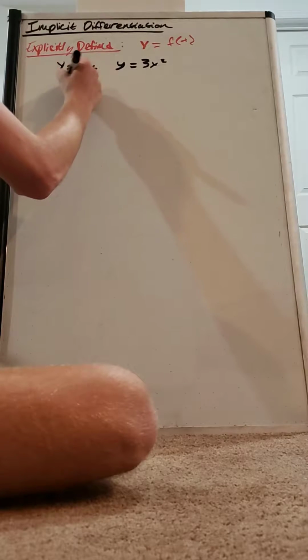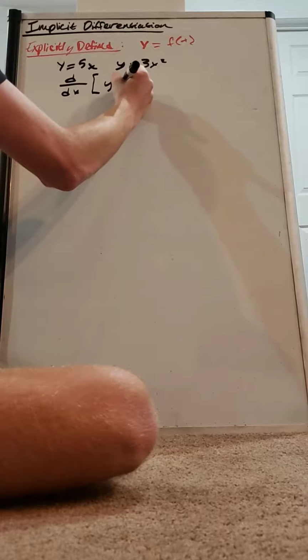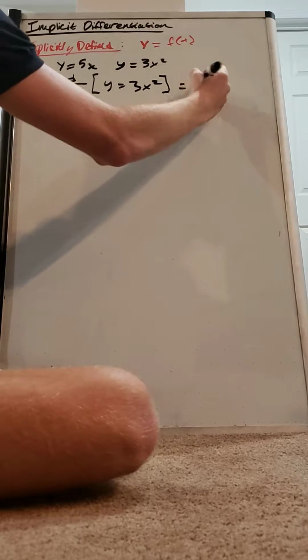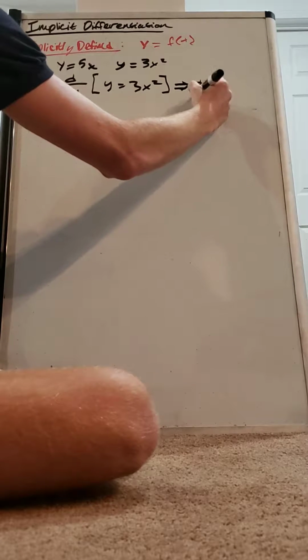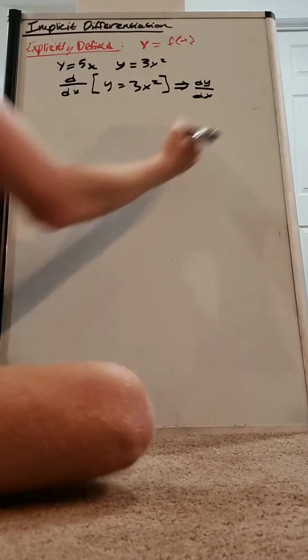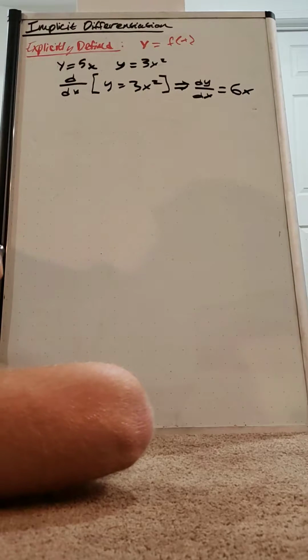Like if we took the derivative of y equals 3x squared, we know that dy over dx, which just means the derivative of y with respect to x, is equal to 6x. And we all know how to do that because that's just the general power rule that we learned last time.